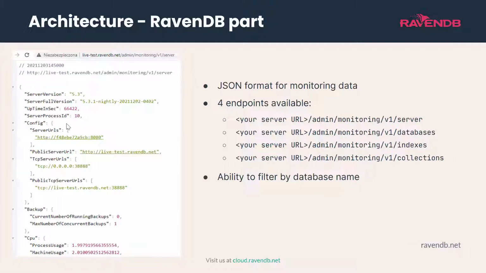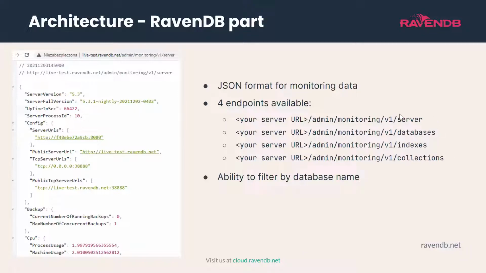So in this solution, we have great flexibility in that not only Telegraf can read that information, you can even build your own solution based on that. And you have full information about what kind of metrics we expose in those endpoints. Okay, so there are 4 endpoints available.